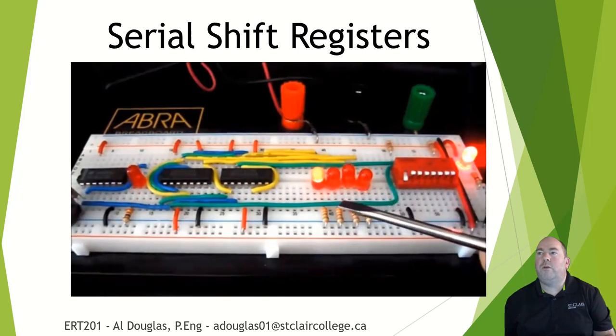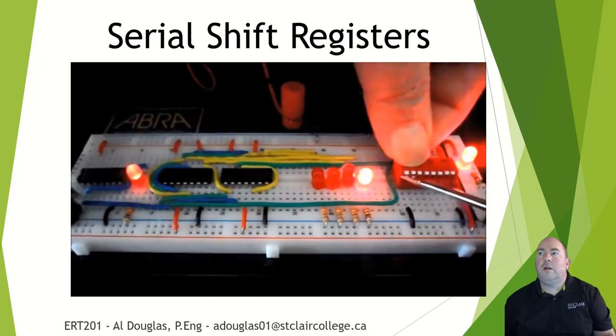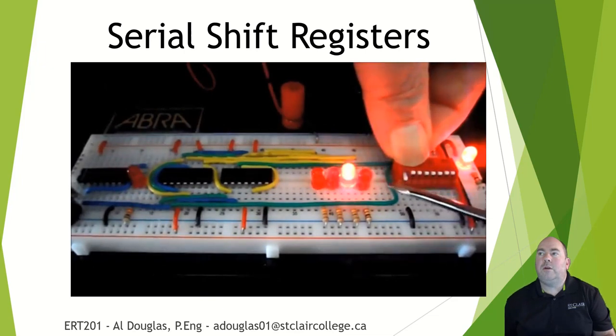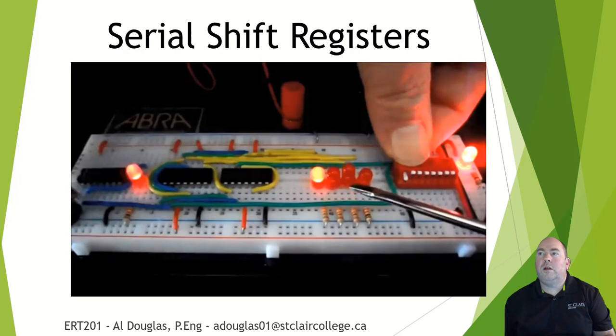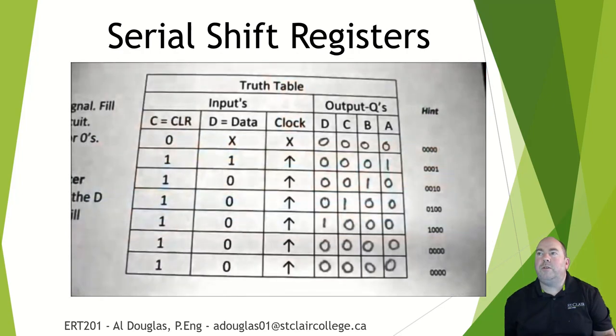You'll see the 1 travel from flip-flop 1 to 2 to 3 to 4. So that's the data input, traveling across there. The blinking light on the left was the clock input. And you should be able to see this. We populate this table as part of the electronic submission. Okay, so that is the serial load shift register.